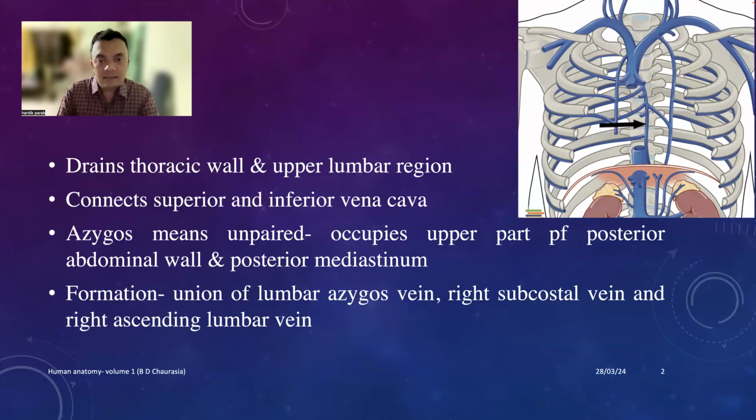Then the other one is the right subcostal vein, which accompanies the corresponding artery, the right subcostal artery, and then you have the ascending lumbar vein. All these, the right ascending lumbar vein, the lumbar azygos vein, and right subcostal vein, form together and make the azygos vein.